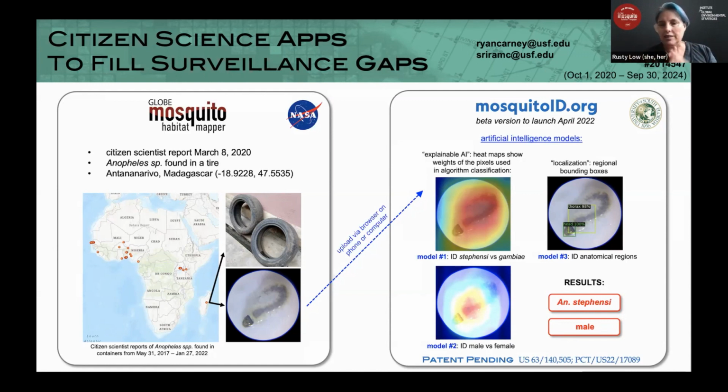We have some caveats on it, and we need to actually do genetic analysis, PCR analysis, to confirm. But I just want to show you that this is cutting edge science, and you can connect your students with the Mosquito Habitat Mapper to some really cool resources that we're developing now that will help them learn more about computer literacy and the development of artificial intelligence. So stay tuned for that.